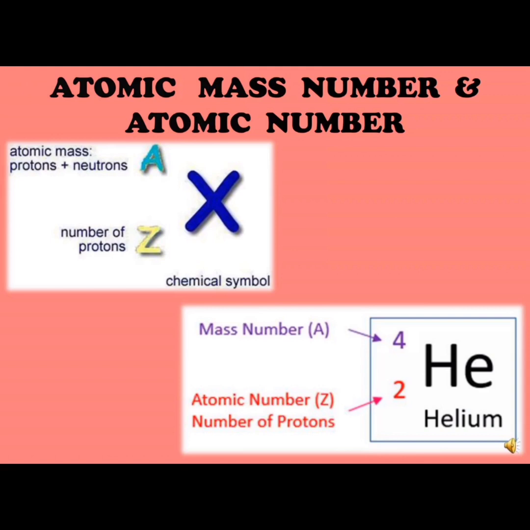Atomic mass number, which is A, is written towards the top of X, and your atomic number, which is Z, is written towards the bottom of X. So if we take an example of a helium atom, in a helium atom there are 2 protons and there are 2 neutrons. Okay, so the atomic mass number becomes 2 plus 2, which is 4. So that is how A is equal to 4. And in helium you have 2 protons or you have 2 electrons. So that is how the atomic number, or Z, is equal to 2.